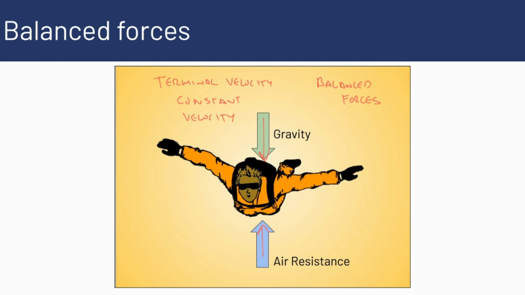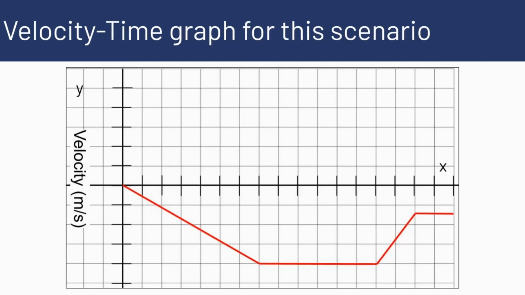Gravity is equal to air resistance, which results in a constant velocity. So balanced forces equal constant velocity.